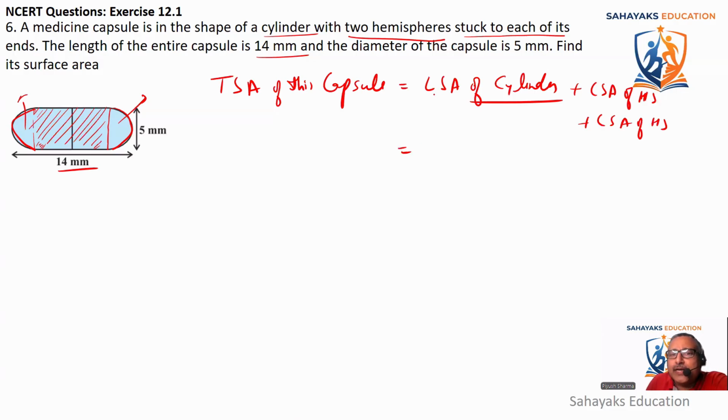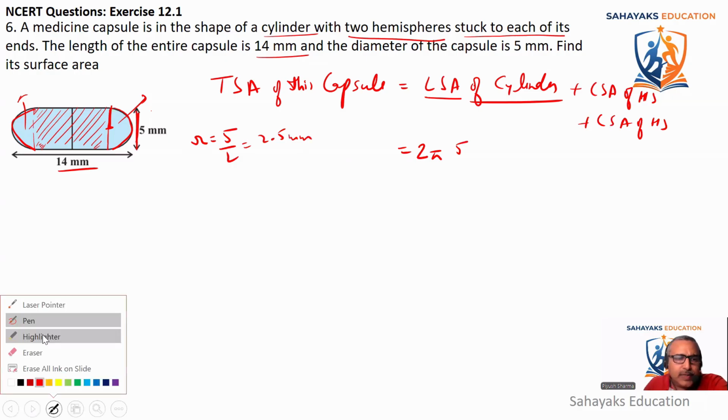So the lateral surface area of the cylinder is 2 pi r h. What is the radius here? This distance complete is 5, so the radius comes out to be 5 by 2 millimeter, or you can say 2.5 millimeter.